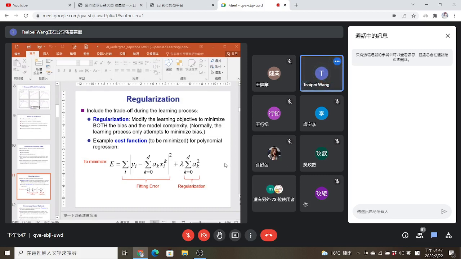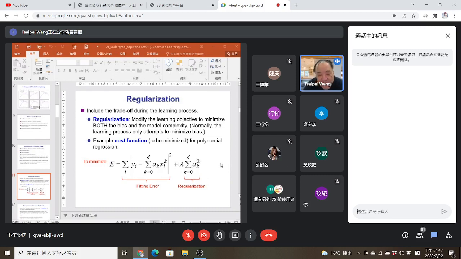So the regularization has the effect that if some coefficient is not that important, this term, in the minimization process, because this is the loss function, will drive that term towards zero.